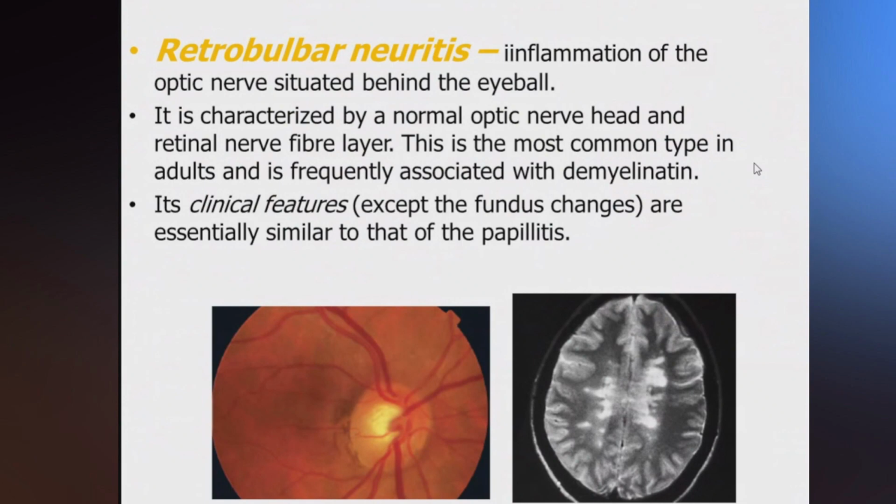Exactly this neuritis, retrobulbar neuritis, is rather often associated with multiple sclerosis. But clinical features, except fundus changes, are similar to the papillitis. Decreased visual acuity, changes in a visual field, and ocular pain.